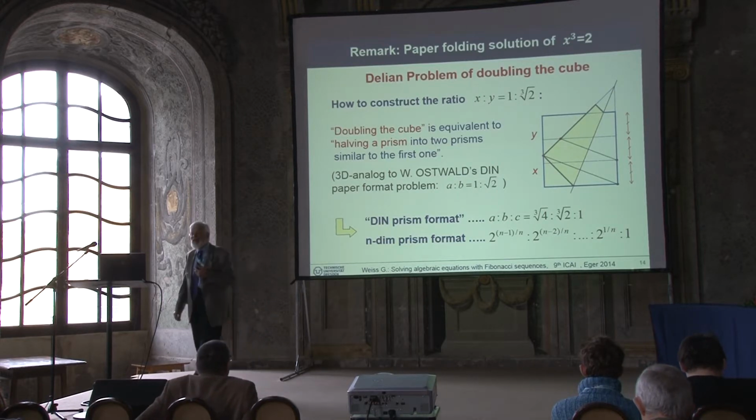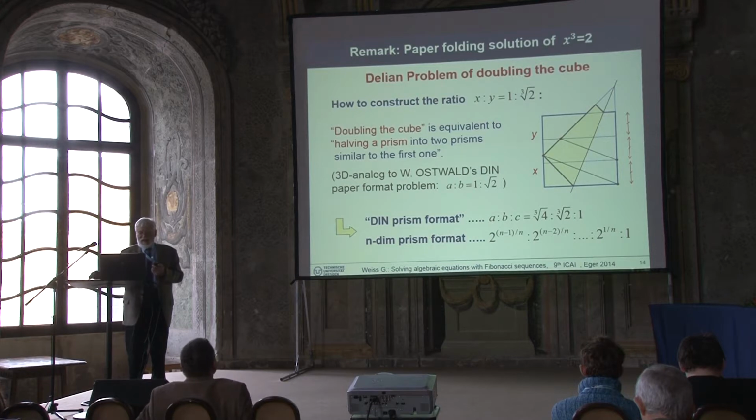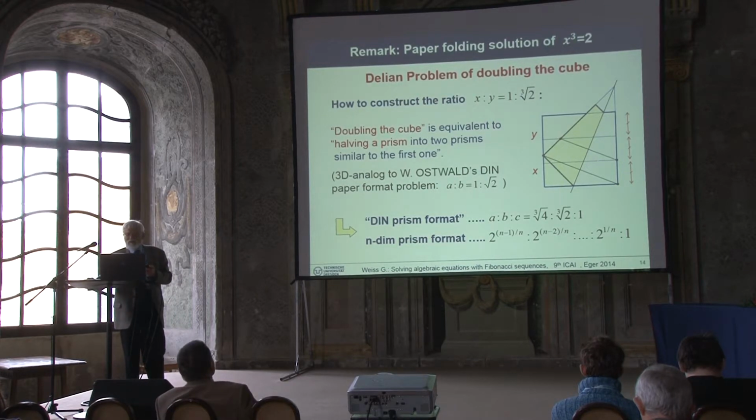So you see this would occur again. And the n-dimensional prism format is about the same. It has to do with the nth root of 2. So this nth root of 2 is somehow impressive.